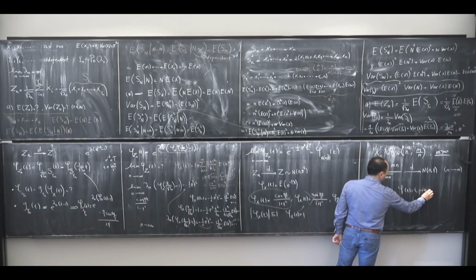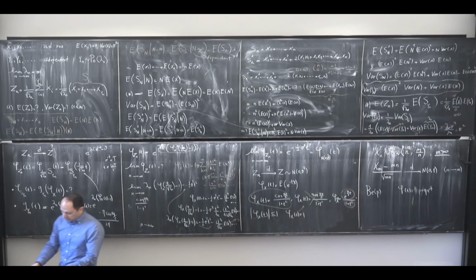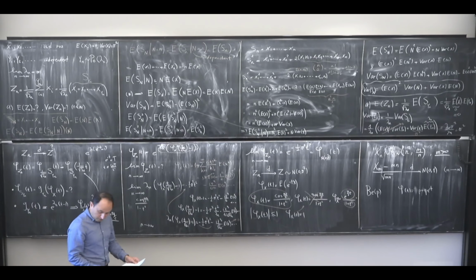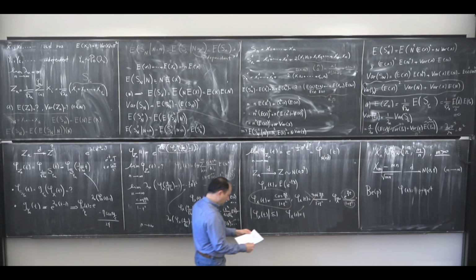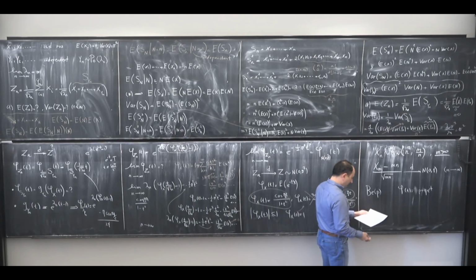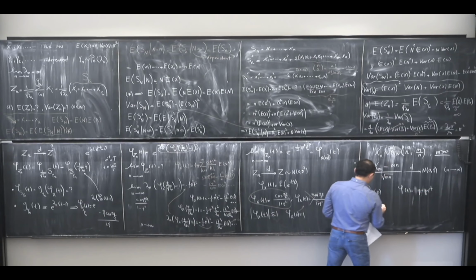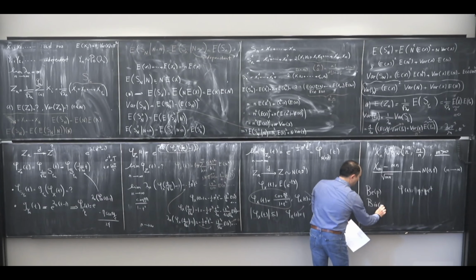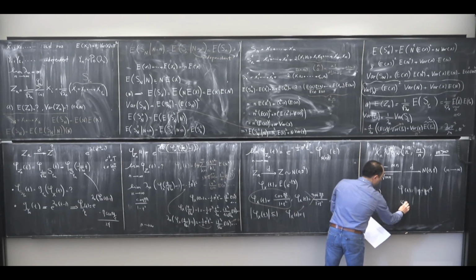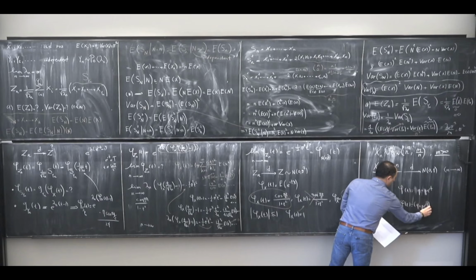And immediately below it, you have binomial(n, p), and phi of t is the same expression but to the power n.